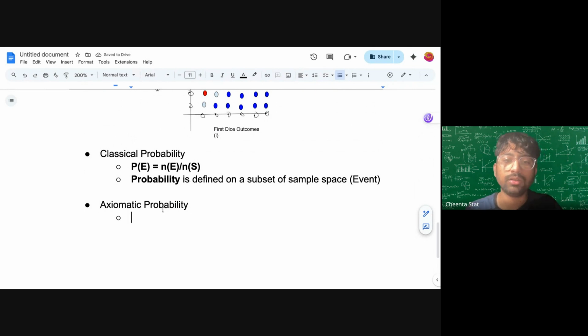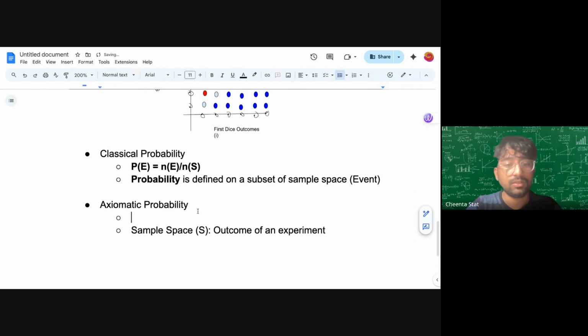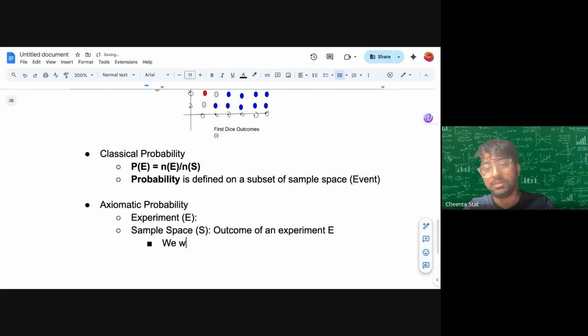So that's why we need something. We have a sample space S, let's say. It's the outcome of the experiment. So we start with an experiment first, E, and the sample space, and we write it mathematically, right?